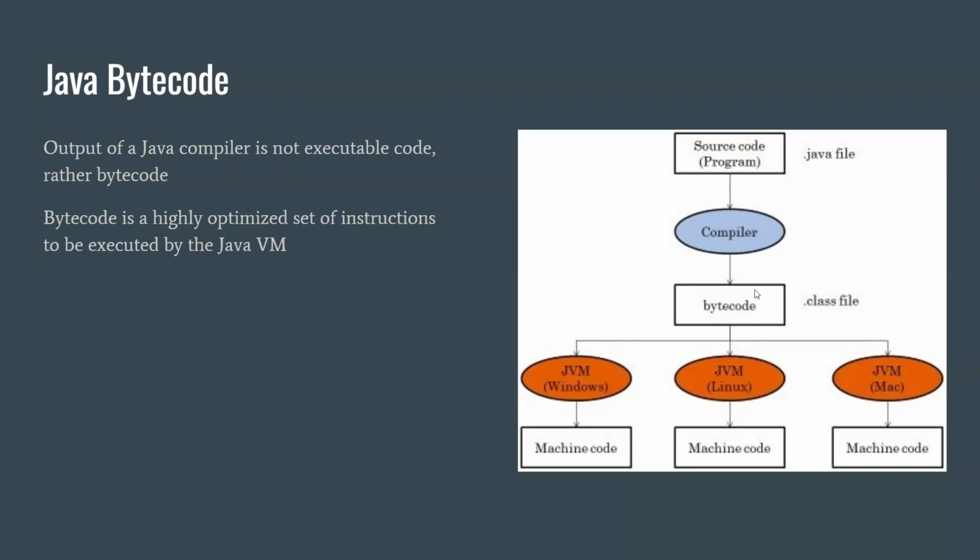It is called bytecode, and this bytecode is a highly optimized set of instructions to be executed by the JVM, Java Virtual Machine, which means you will have Java Virtual Machine installed on your operating system so that upon receiving this bytecode, your JVM can run this bytecode and create machine code.